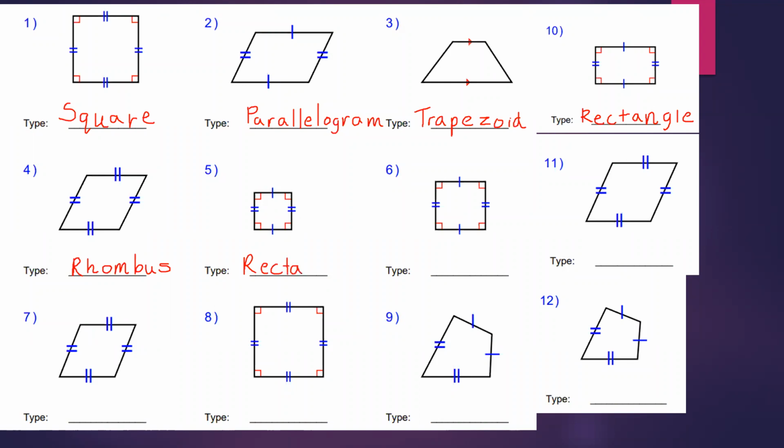Not all sides are equal. Only opposite sides are equal to each other. So it's a rectangle. How many persons got rectangle for number 5? Me. Okay, great.